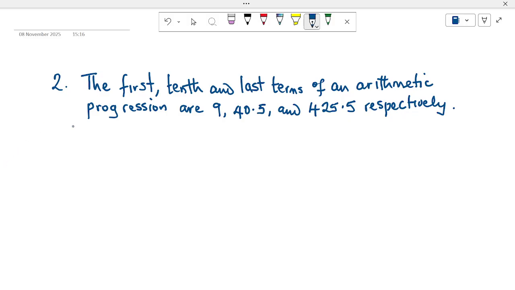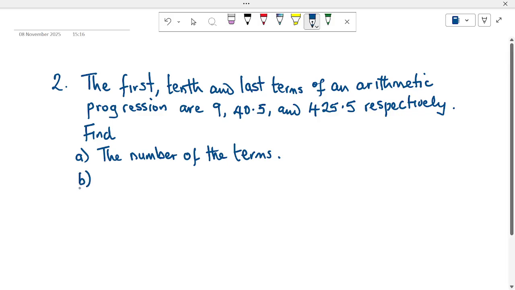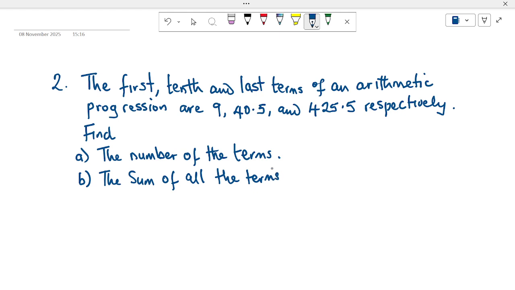Find A, the number of the terms. B, the sum of all the terms. And C, the 70th term.